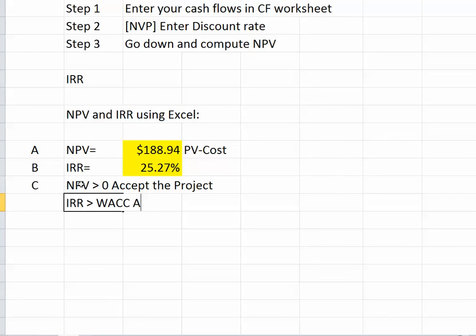What would you do? Accept the project. Okay, so this is how you're going to respond. Do you accept this project or not? Yes, you will, because your net present value is 188.94, which is positive.